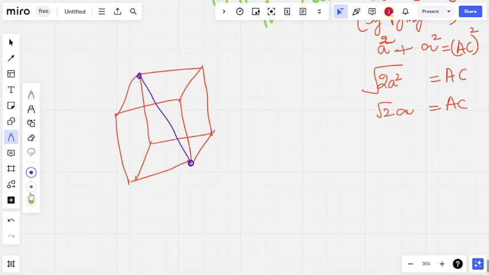So we have this as the body diagonal and we need to find the value for this.